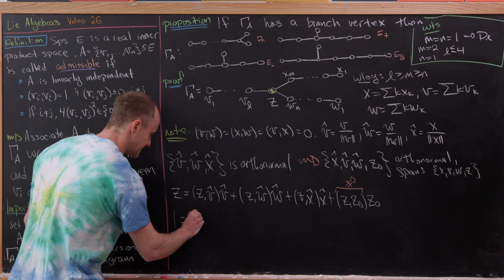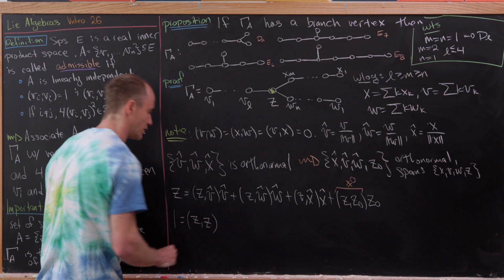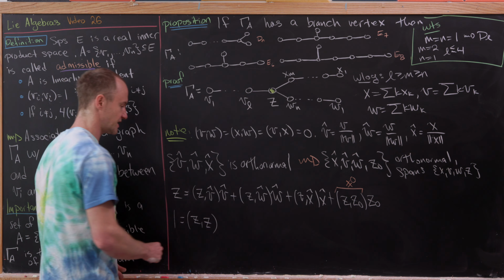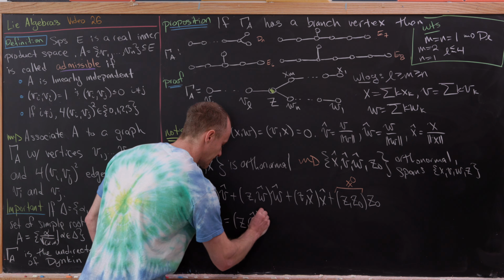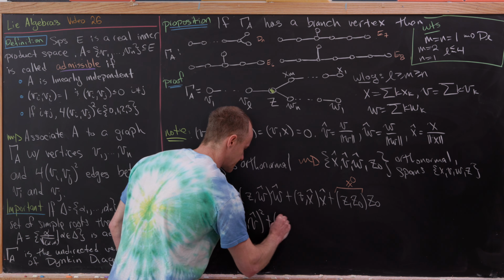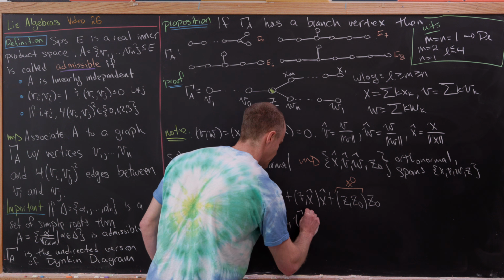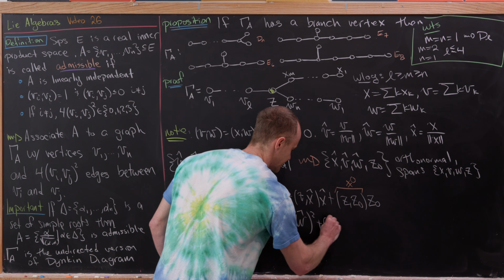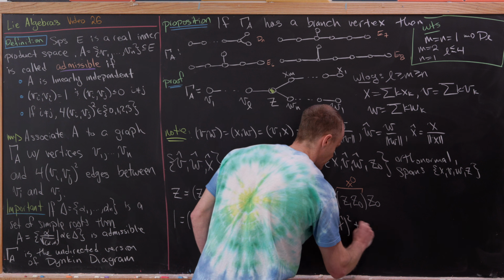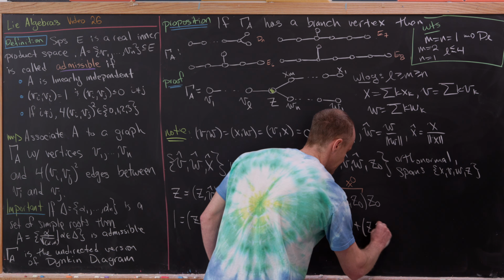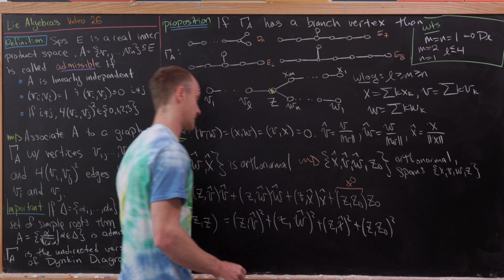Okay, but now we can do our calculation. Notice that 1 is equal to the inner product of z with z, which is pretty clearly going to be the inner product of z with v hat squared plus the inner product of z with w hat squared, and then the inner product of z with x hat squared plus the inner product of z with z naught squared.